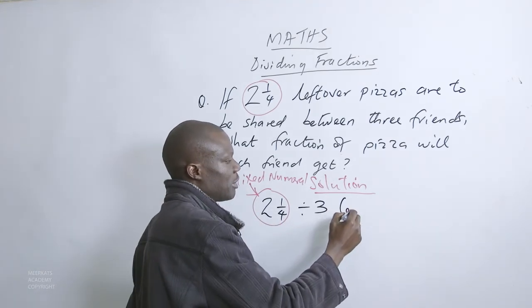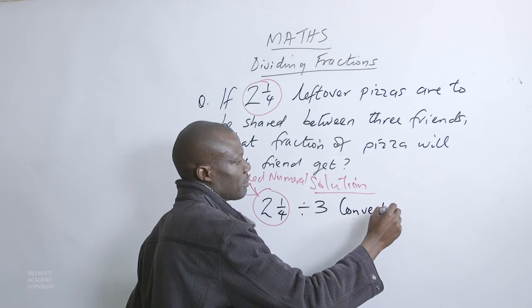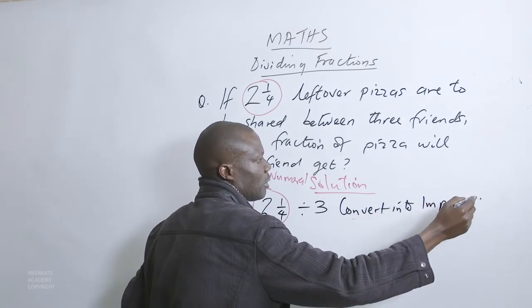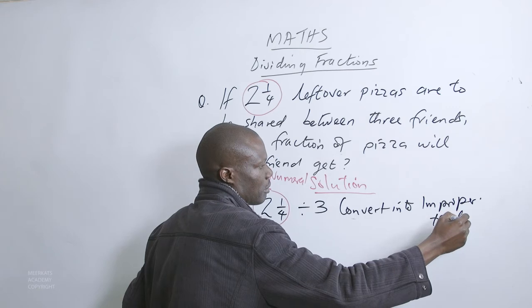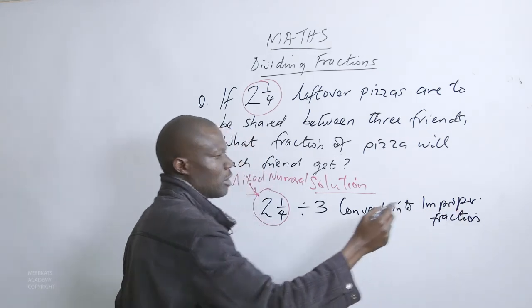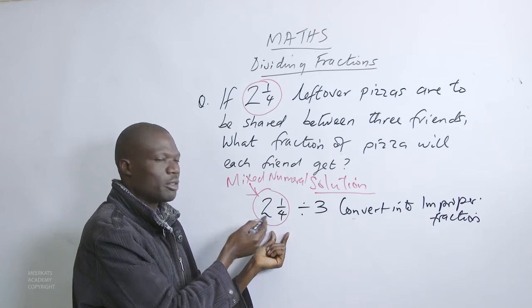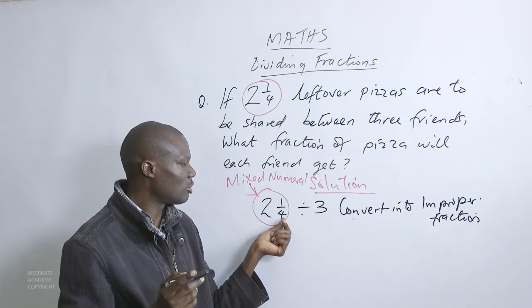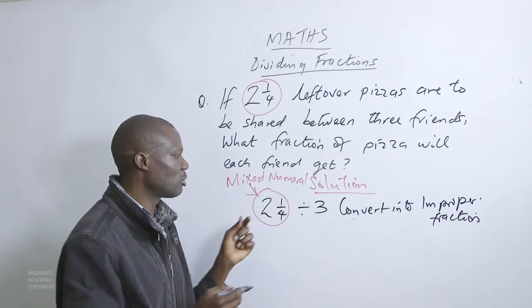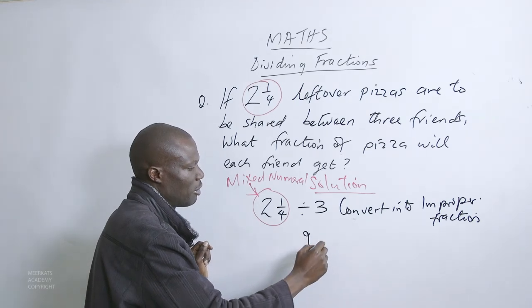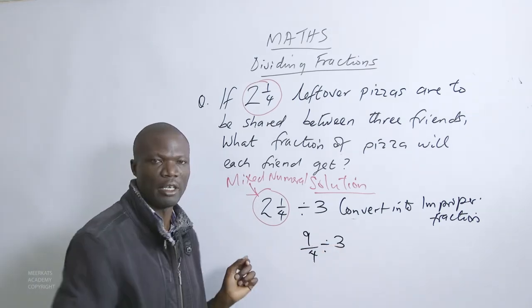So to convert into an improper fraction, we shall need to take 2 times 4, which gives us 8, plus 1. So this 2 1/4 is the same as 9/4 divided by 3.